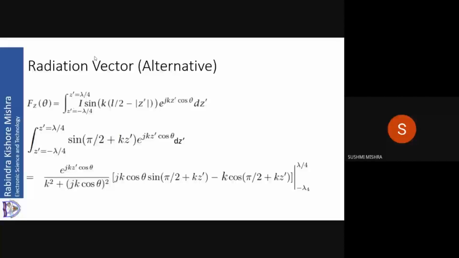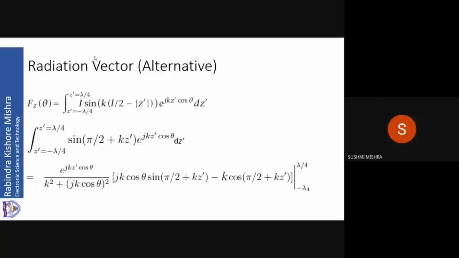Now we'll use the same formula that we used in the previous case from the integral table. So using the same formula, we get exponential jkz dash cos theta, which is e to the power cx. Here c is jk cos theta. a is pi by 2, b is k. So we are using those things.